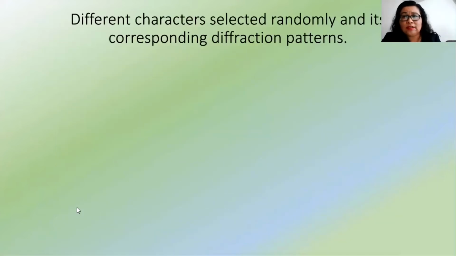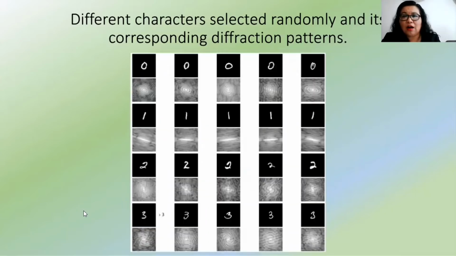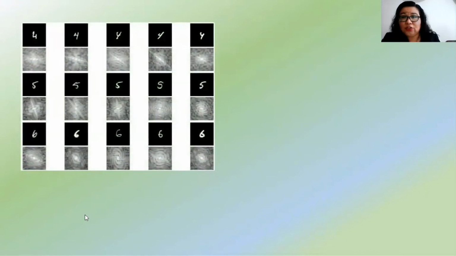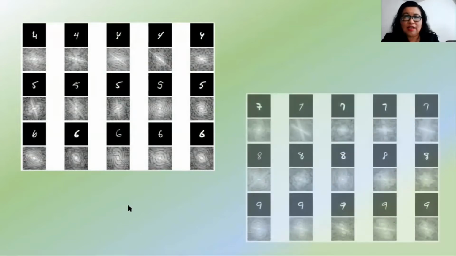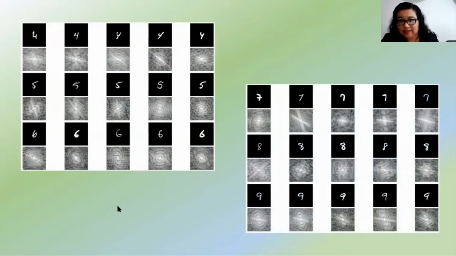We show the corresponding Fraunhofer diffraction patterns of 5 random digits of each character. Although the characters cannot be considered as symmetrical apertures, the diffraction pattern shows symmetry. You can see this in this picture, the numbers 4, 5, 6, 7, and 9.